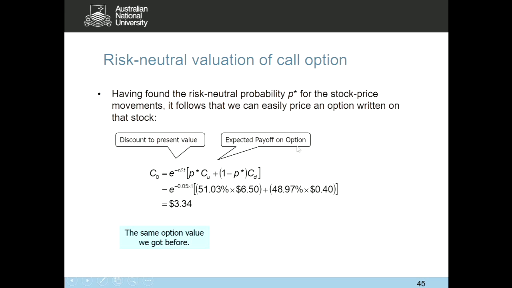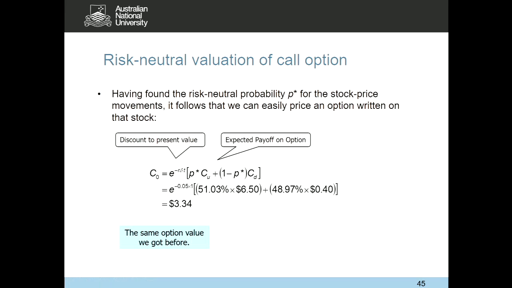Then that becomes our expected payoff on this call option. And because we are risk-neutral investors, the required rate of return will simply be the risk-free rate, right? We can simply discount this payoff by using the risk-free rate. We discount it back 1 year, and we get the same answer, $3.34.